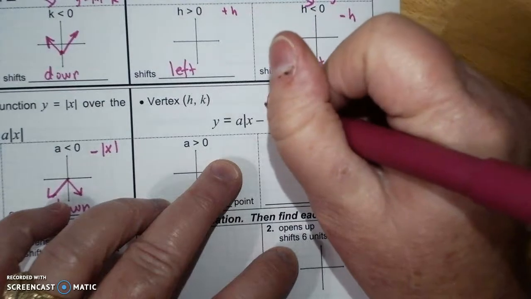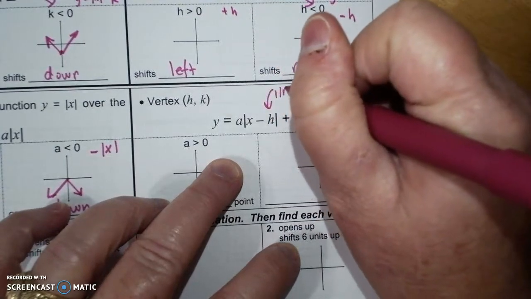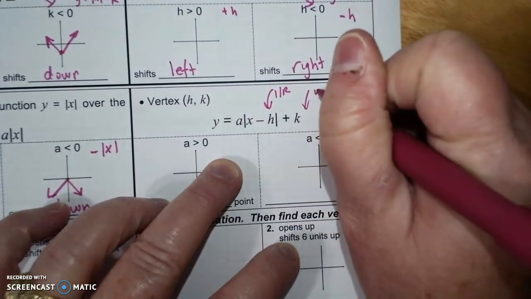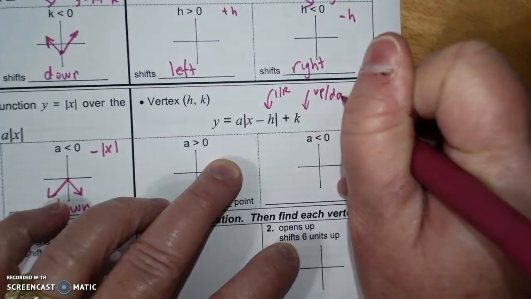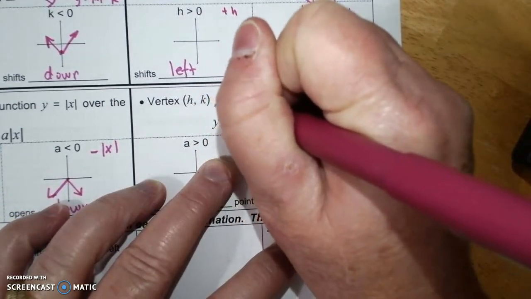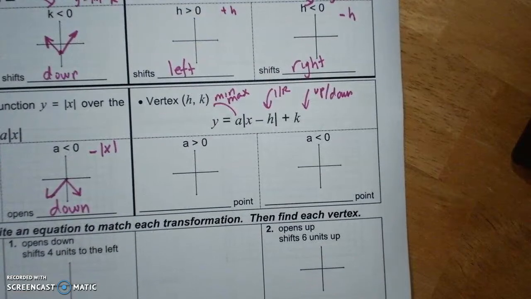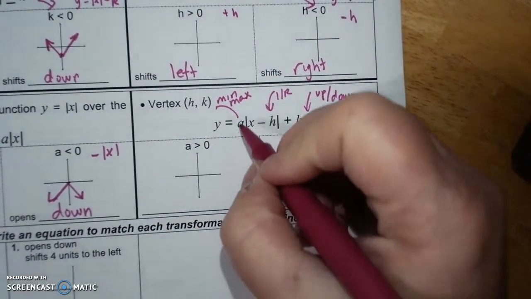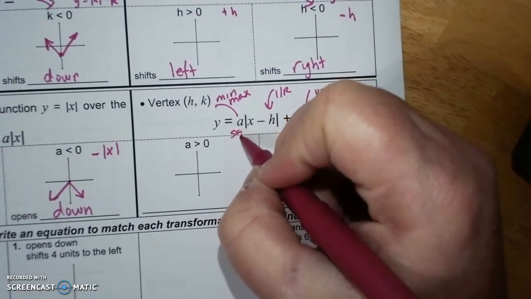So this is left, right. This is up, down. This is min, max. And this is a sign.